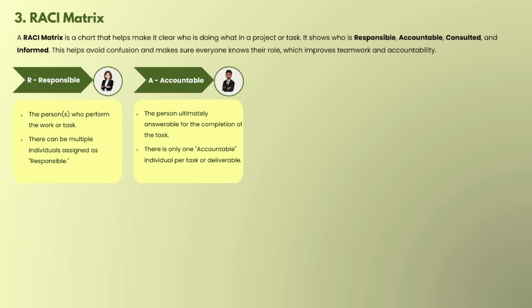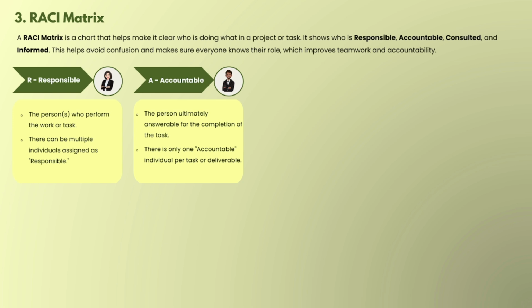There should not be more than one accountable person, because their role is to get work done from others. If there are 2, 3, 4, 5 accountable persons, then the responsible ones, who are doing the work, may get confused. Let us take the same example of gathering requirements for a new system.